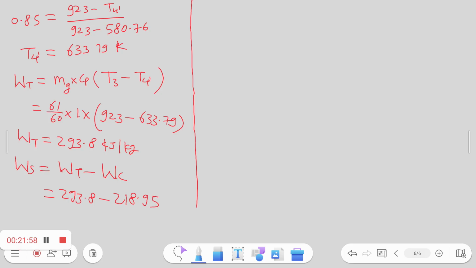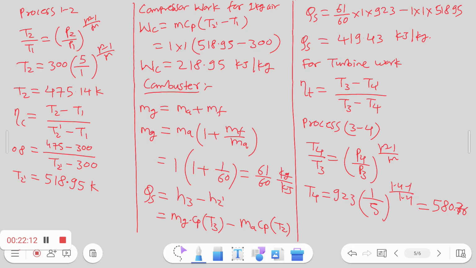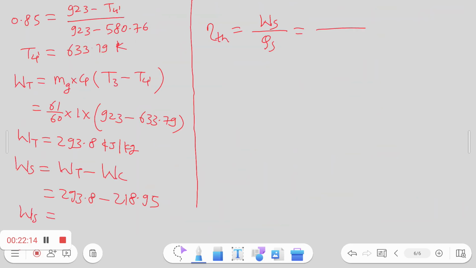Okay. So calculate the shaft work, and thermal efficiency is equal to shaft work divided by heat supplied. Heat supplied is 419.43, and shaft work is how much?